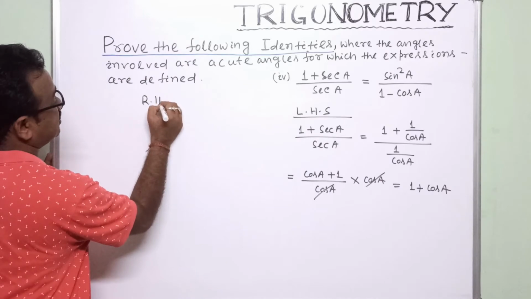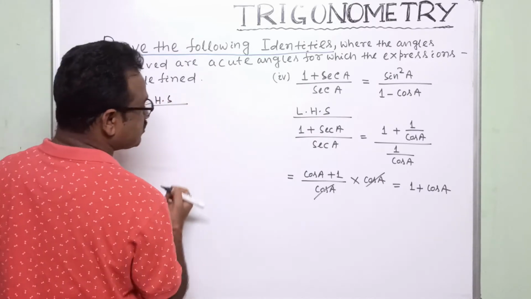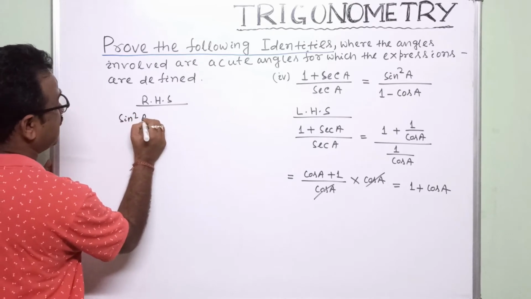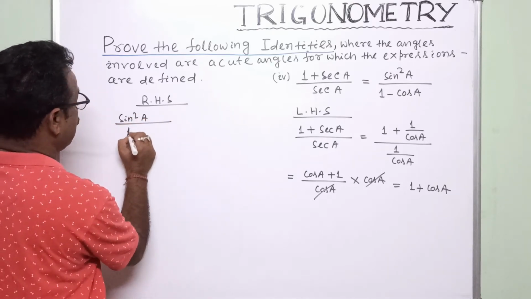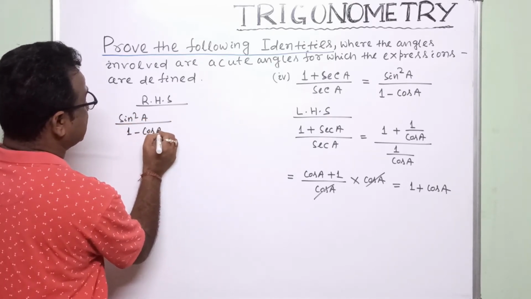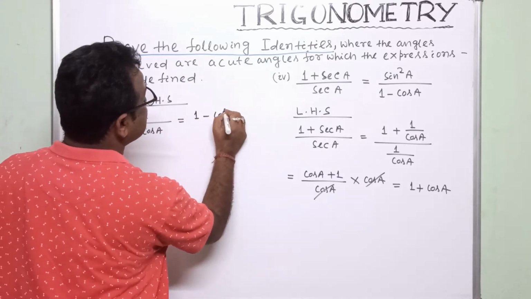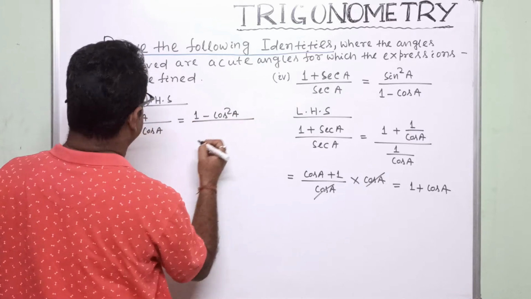So now RHS. Given sin square A by (1 minus cos A). We know sin square A is equal to 1 minus cos square A, identity.